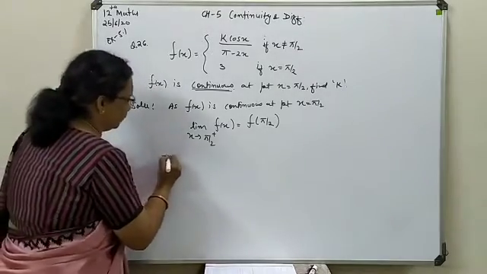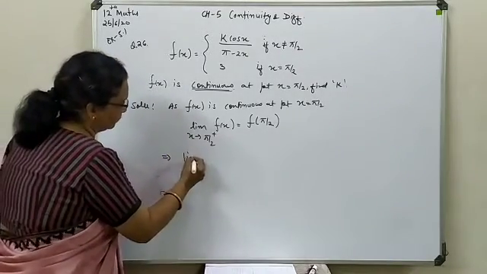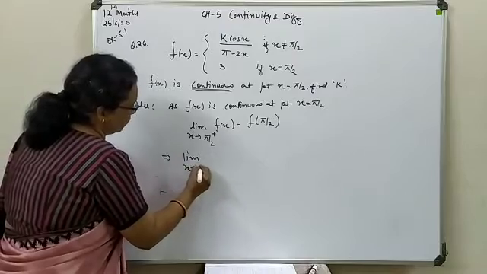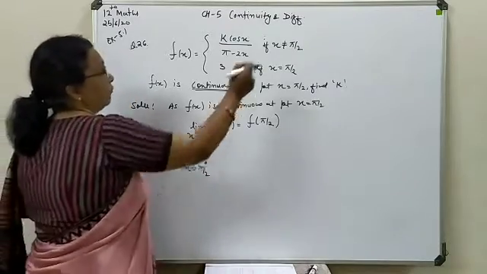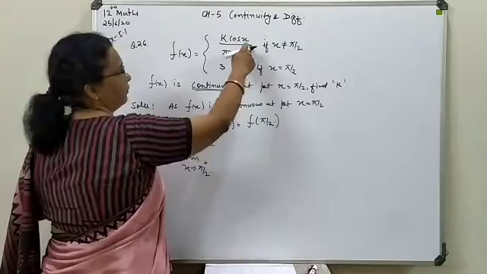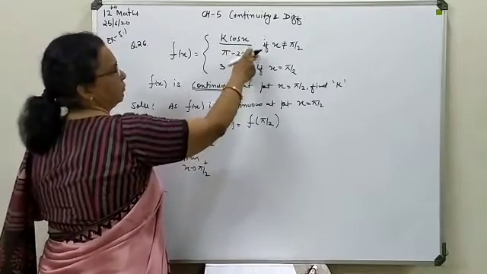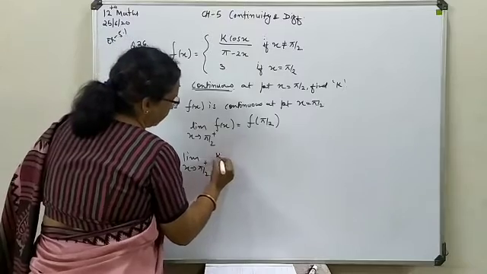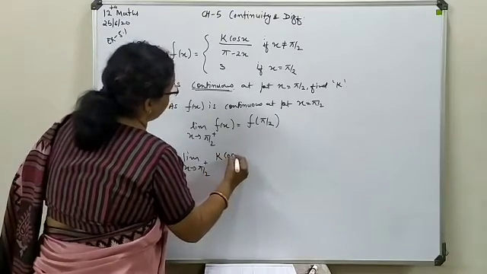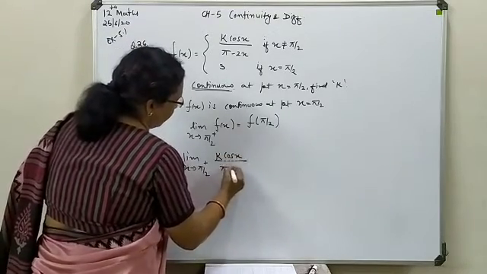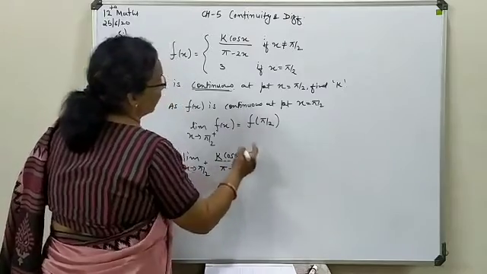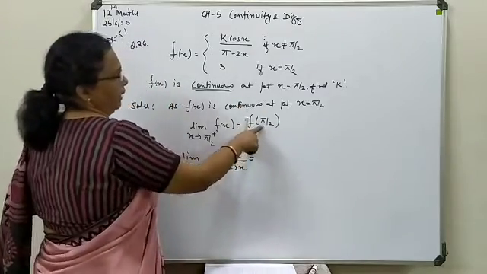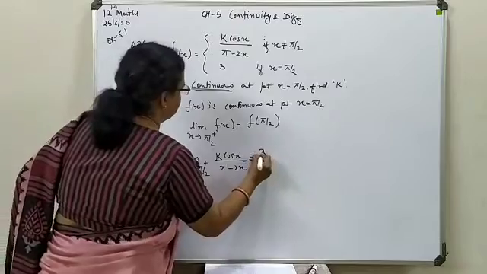So furthermore, limit x tends to pi by 2 plus, for x not equal to pi by 2, even for less than or greater than, you will use this first function. So here it will be k cos x upon pi minus 2x. Your function value at pi by 2 is directly available as 3.